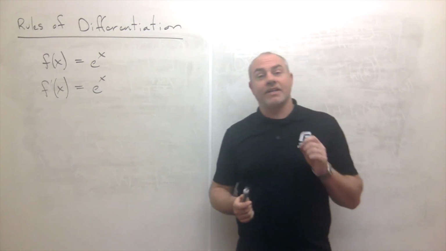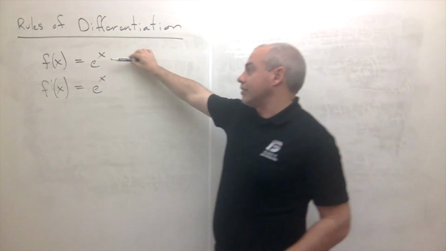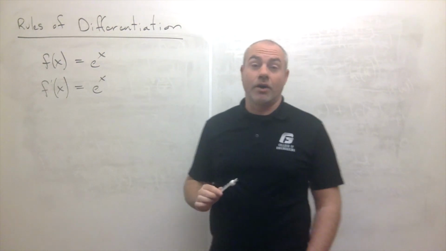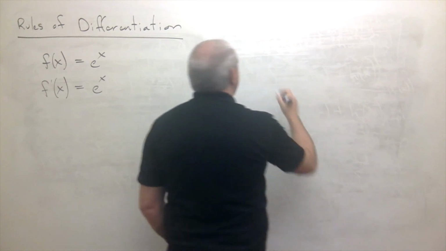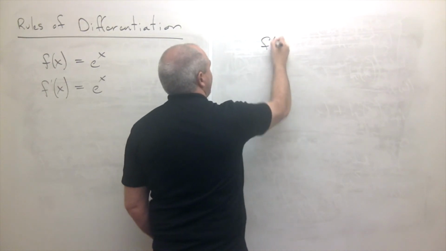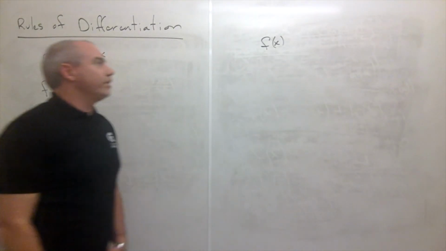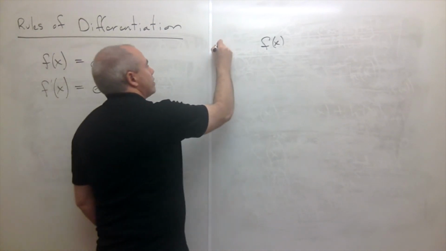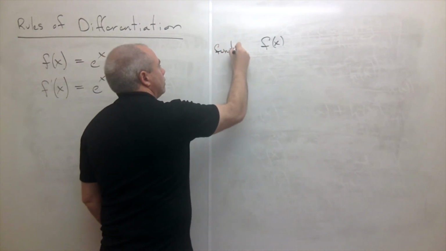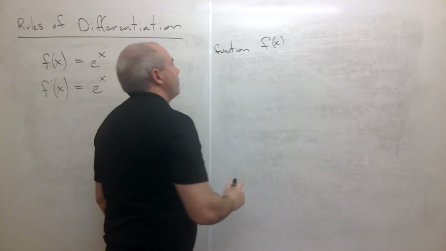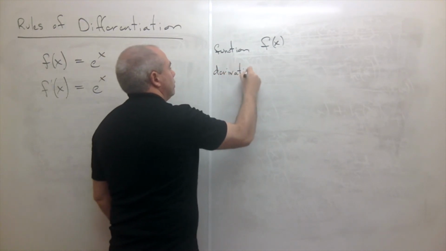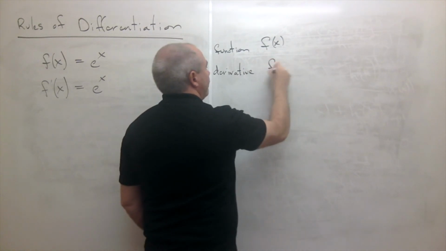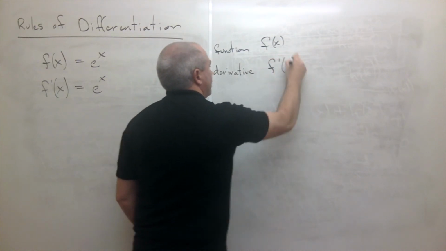Now, the one last thing I want to tell you about, other than that the derivative of e to the x is always just e to the x, is the following. We already said before that if I have a function f of x, we can talk about its derivative, and we call the derivative f prime of x.